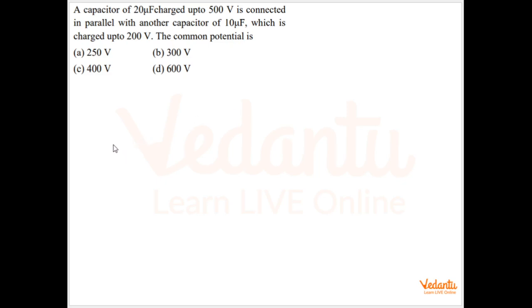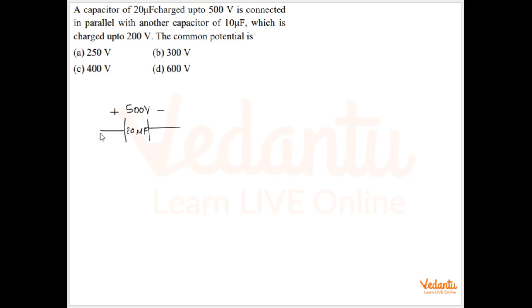Bacha log, in this question there is a capacitor of capacitance 20 microfarads, which is charged up to a potential of 500 volts.